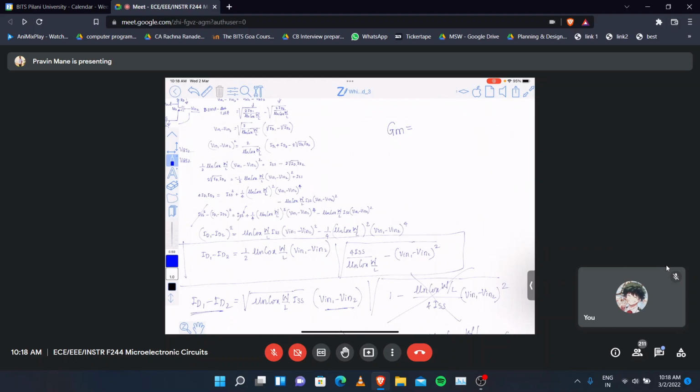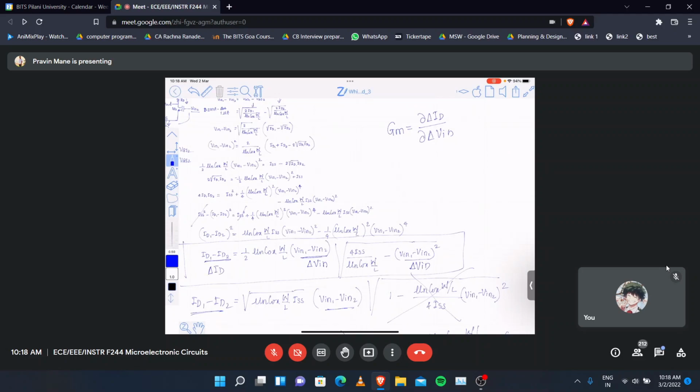It is Iout by Vin, that is delta ID upon delta Vin. So this Vin1 minus Vin2, I will replace by delta Vin, and ID1 minus ID2, I will write as delta ID.